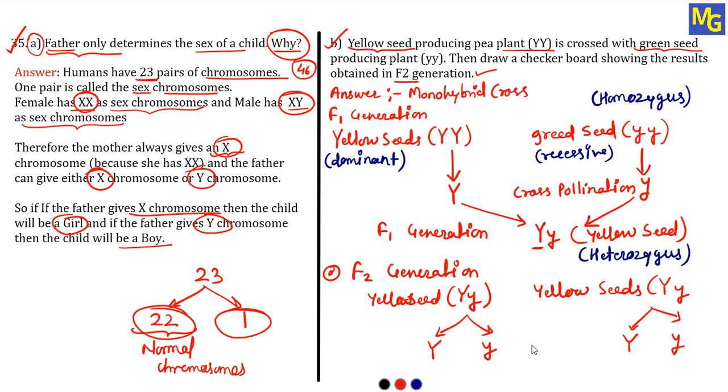Here we are going to do this crossing in the same plant which is getting from F1 generation. So it is called as self-pollination. And this crossing between these genes, we have to do with the help of a checkerboard, because this is asked in the question. So let me draw the checkerboard on the next page.